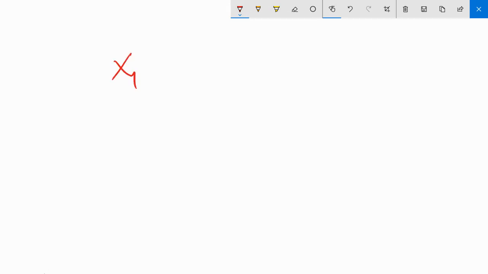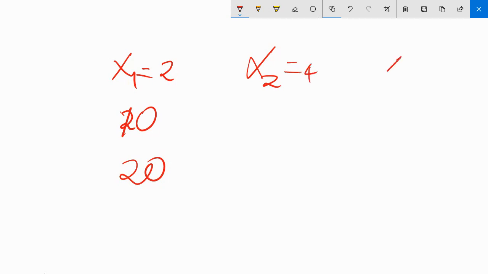We have x1, and our x1 is equal to 2. The y values for this, we had 10 and 20, something like that. And then we are going to have x2, which was 4, and we have x3, which was 6.